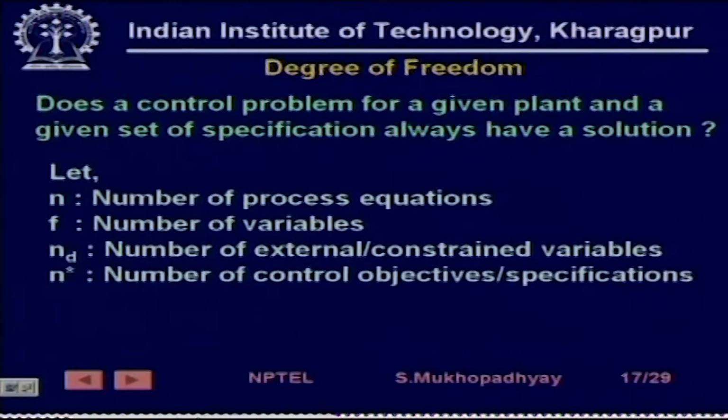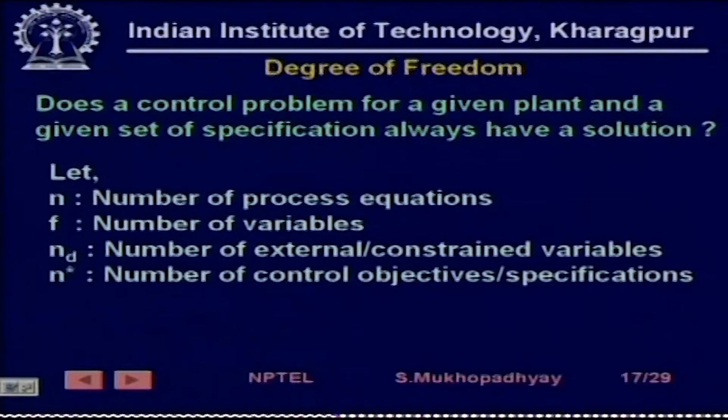For example, if n is the number of process equations, typically equated to the number of states, f is the number of variables, and nd is the number of externally constrained variables. Sometimes they may be constrained in the sense that you cannot move them because of certain specifications. Sometimes they are externally coming, just like I said, some flow of some feed.